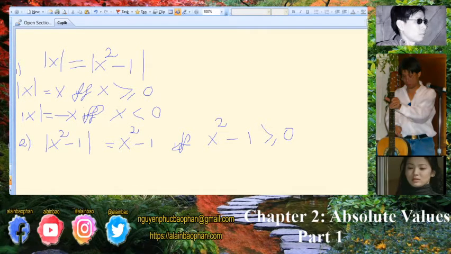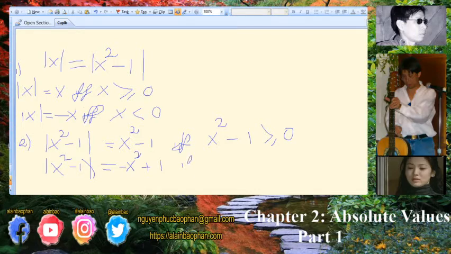And the second one should be absolute of x square minus 1 equals, okay, put a minus sign, this is the absolute value. Put a minus sign in front of x square, so it becomes minus x square, and minus sign minus 1 equals plus 1.